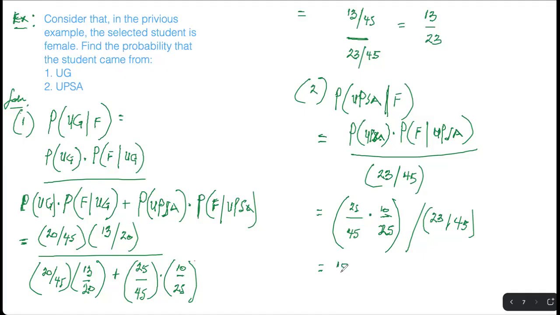All over 23 on 45. And this just simplifies to 10 on 23.